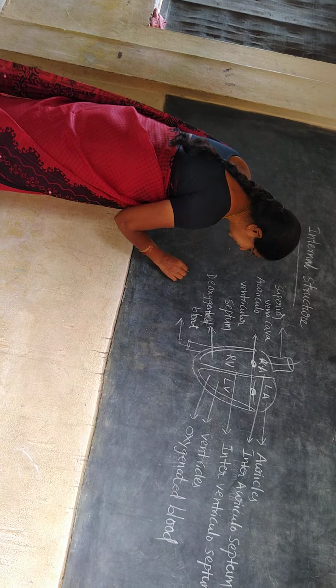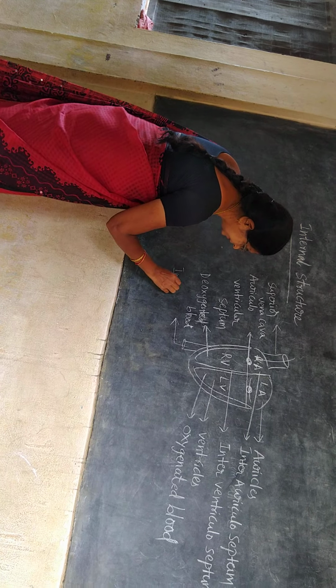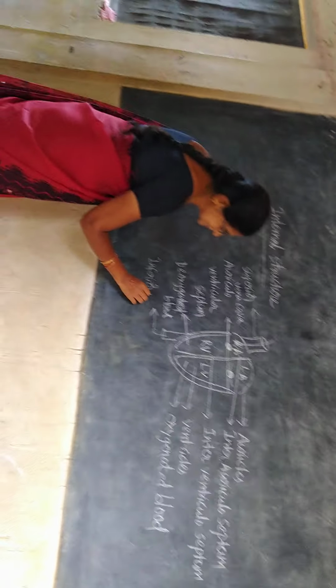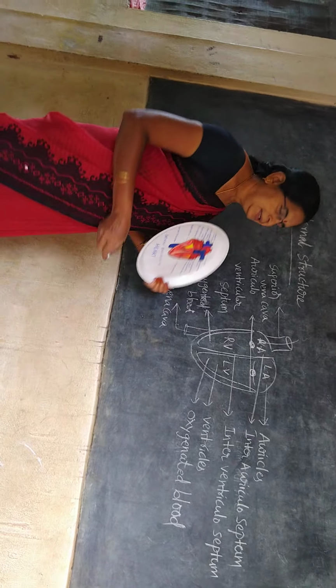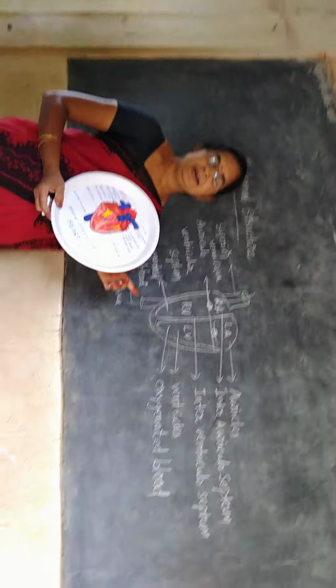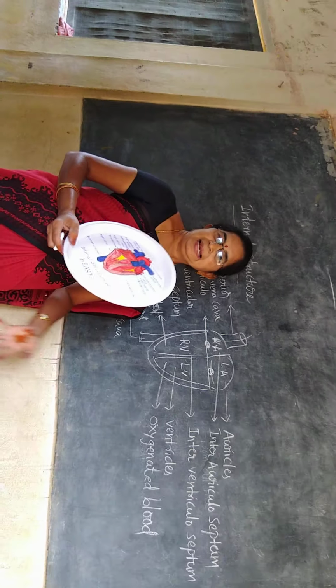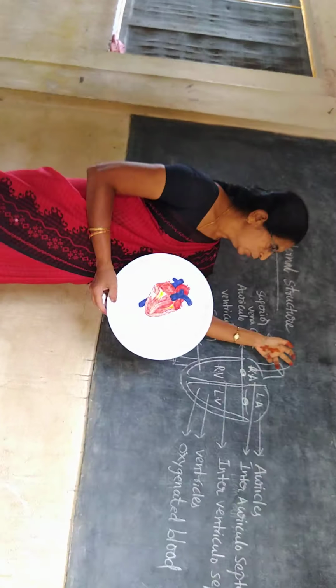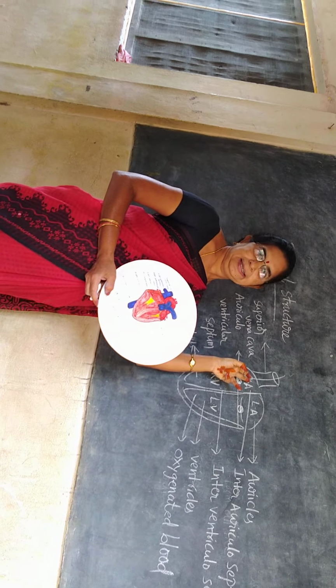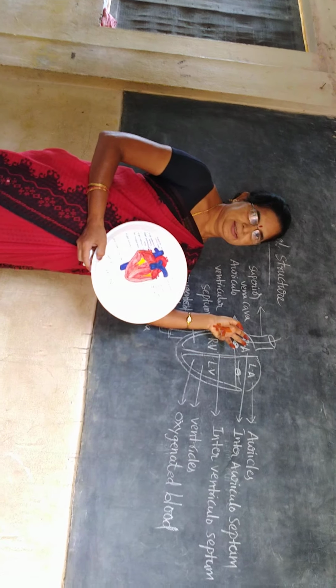What is the function of the inferior vena cava? It will collect deoxygenated blood from the abdomen, legs and right hands. That also will open into the right atrium or auricle.